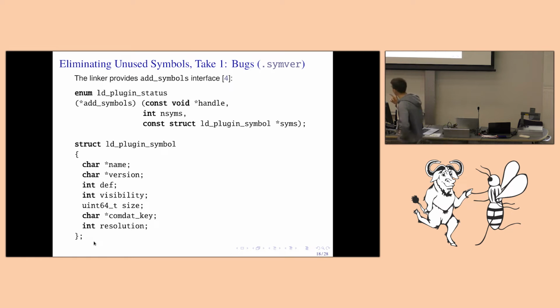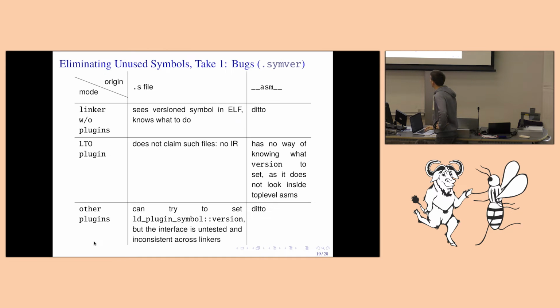The important piece here I want to draw your attention to is name and version in this ld_plugin_symbol structure. Version symbols are part of the ELF standard for compatibility. And the linker plugin has to provide this information to the linker.